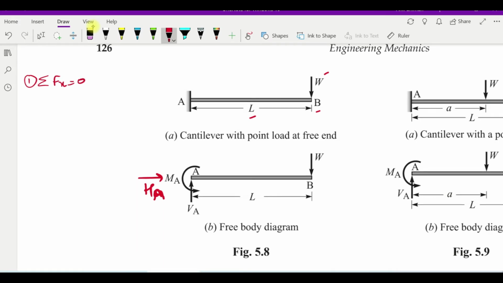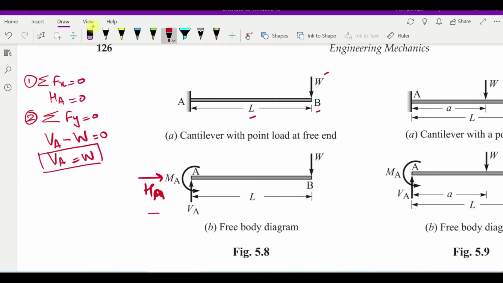We have only one horizontal force in this beam, and that is HA. So HA is equal to 0. The second one is summation of all vertical forces equal to 0. So how many vertical forces are there? We have VA. Let us say this is positive. VA is positive, then W will be negative, and it is equal to 0. So VA will be W.